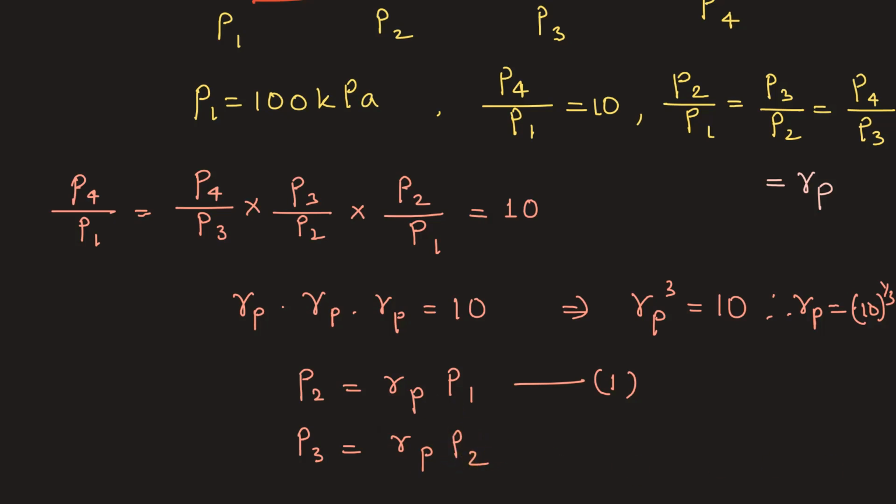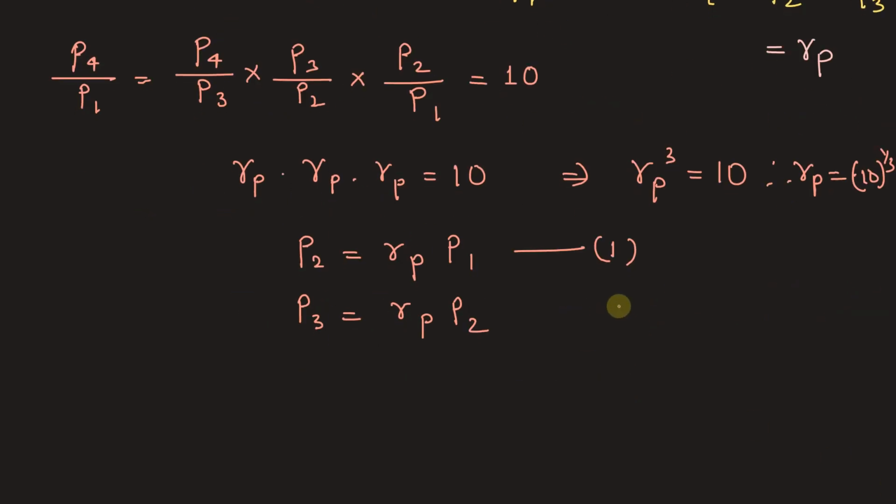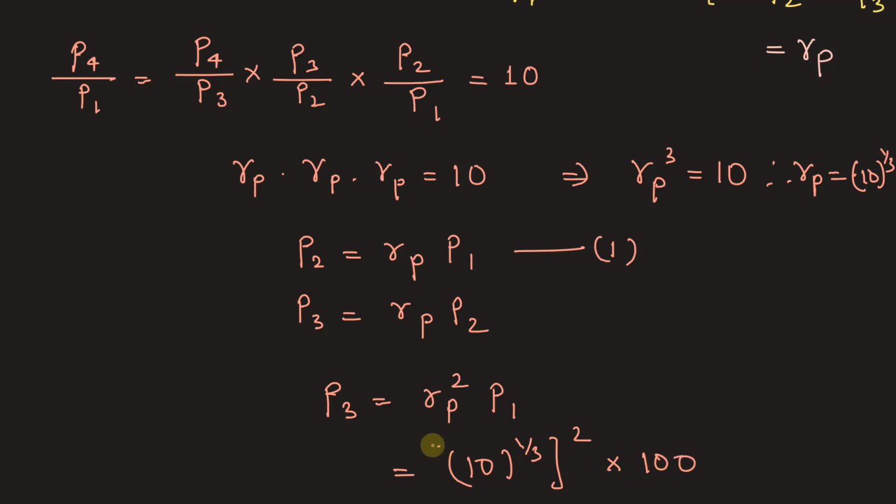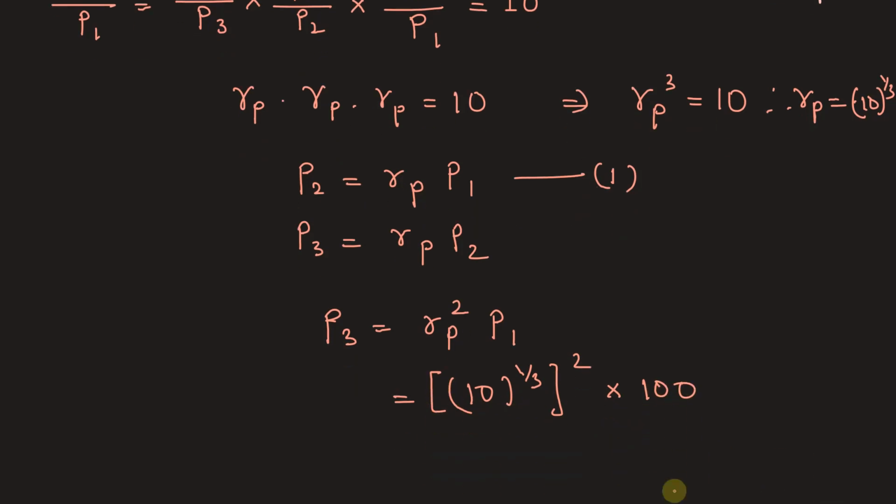So from here, if we substitute equation number 1 in this equation, we can write P3 is equal to Rp square into P1, and Rp we know is 10 to the power of 1 by 3, whole square, into P1, that is 100 kilopascal. So from here we get the value of P3 will be equal to 464.16 kilopascal.